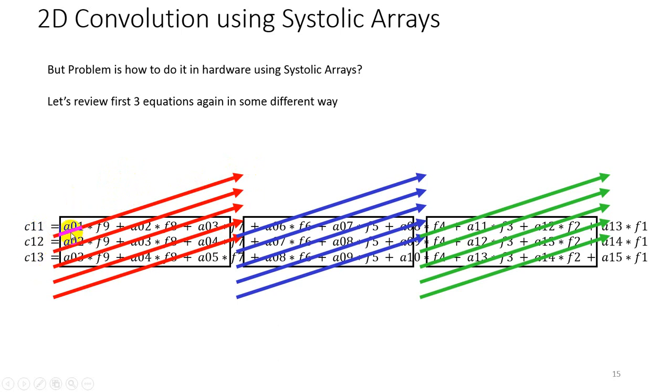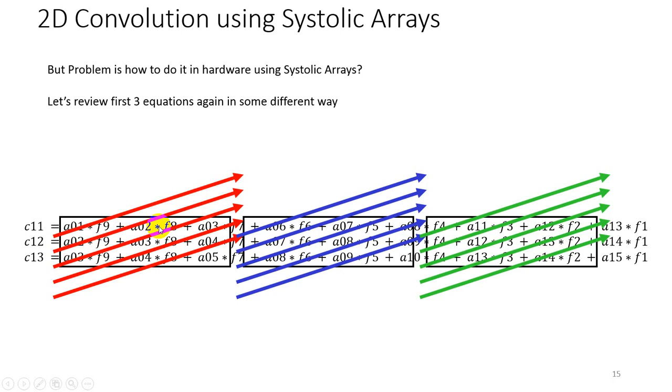You can see that A01 is here, and similarly A02 is here repeated twice. Similarly A03 is repeated thrice. Similarly A04 is repeated twice, and A05 is here. So we can see that data is dependent, means input use can be employed multiple times.